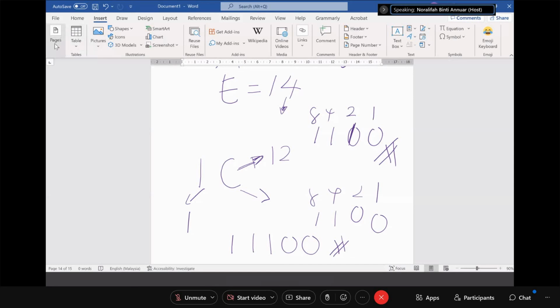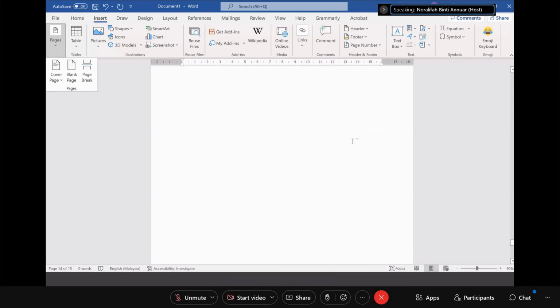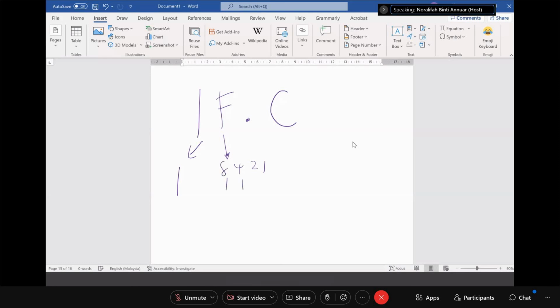Sekarang ni kita tambah sikit fraction. Sama je cara dia. There is 1. 15 decimal. 15 decimal. 2, 4, 8. 1, right? So, dia settle. What about C?